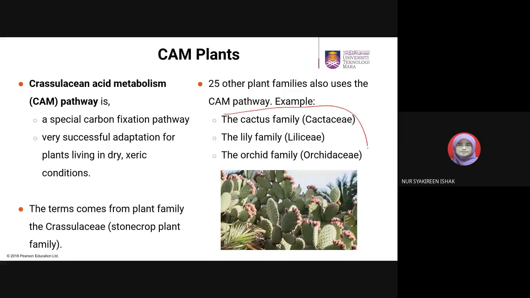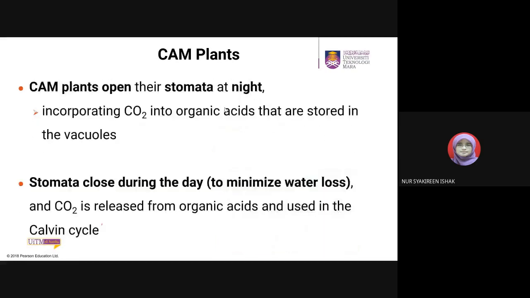These are other examples of plants that also undergo the CAM pathway. CAM plants live in really hot areas, so their stomata close during the daylight, and therefore carbon dioxide cannot enter into the plant tissue. So photosynthesis cannot occur if the stomata are closed during the day.